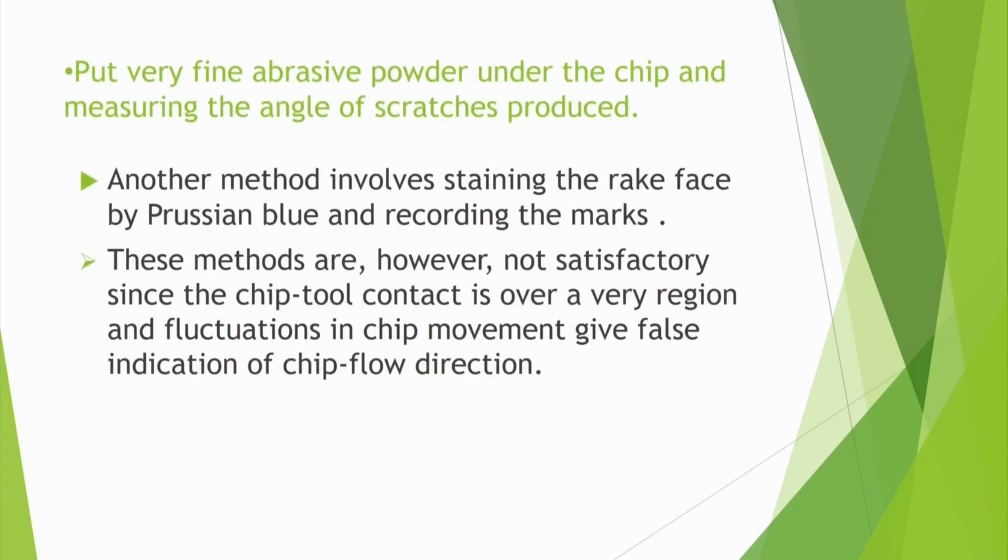From here you can obtain eta C, and how can you measure it experimentally? One method is to put very fine abrasive powder under the chip and measure the angle of scratches produced under it. Another method involves staining the rake face with Prussian blue and recording the mark.